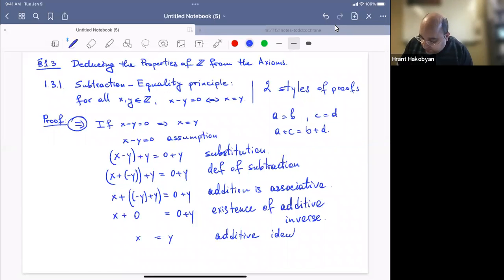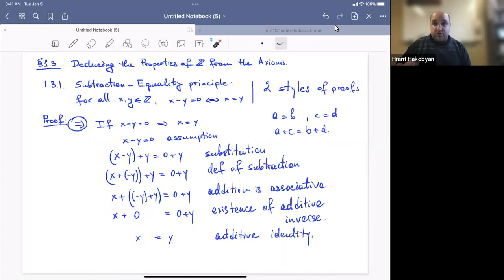If you remember, the axiom of additive identity says that 0 is the additive identity, meaning that x plus 0 is equal to x for every x, and 0 plus y is equal to y. So that's how we get one of the directions of what we want.